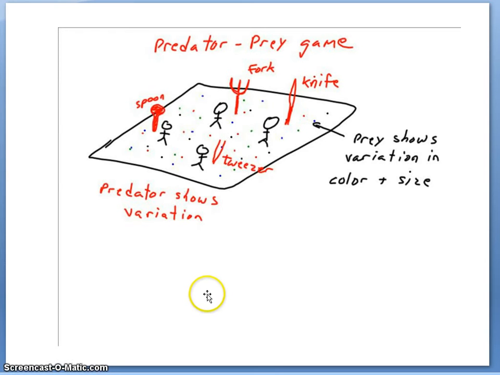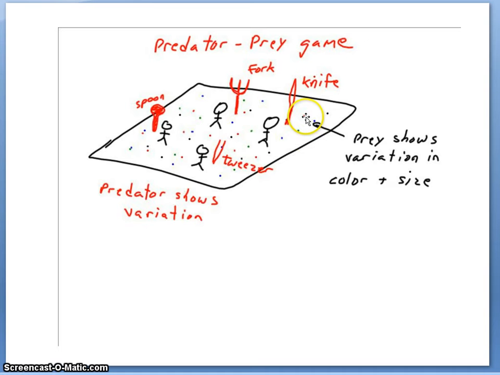So here was the basic situation. We had a field, and in that field, we put seeds on the ground, and they represented individuals of the prey species, and they showed variation in color and size. And then we humans were the predators, and we were equipped with different types of devices: a knife, a fork, a spoon, a tweezer.